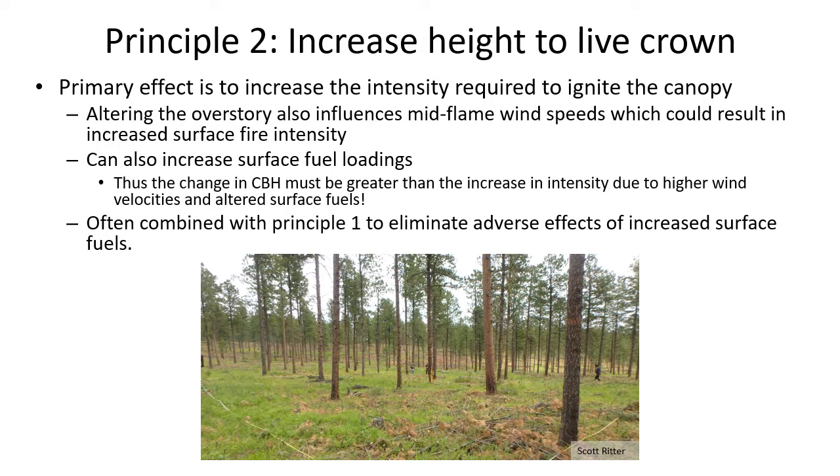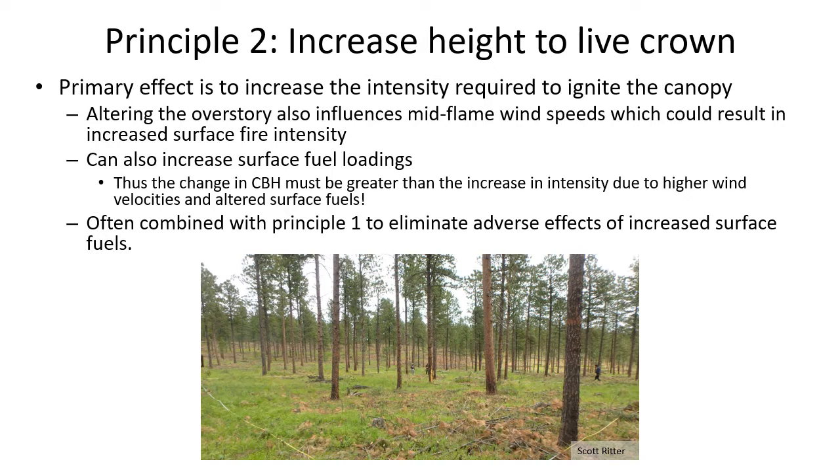And then additionally, you can also end up increasing the surface fuel load, as you cut out those trees and maybe leave slash on the ground. You can actually see in this photo that I took in a thin from below treatment in the Black Hills, there's a decent amount of small diameter slash on the ground, which will increase the potential surface fire intensity if we don't do something about it.